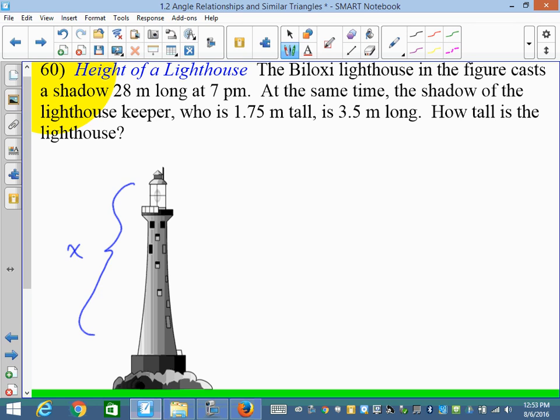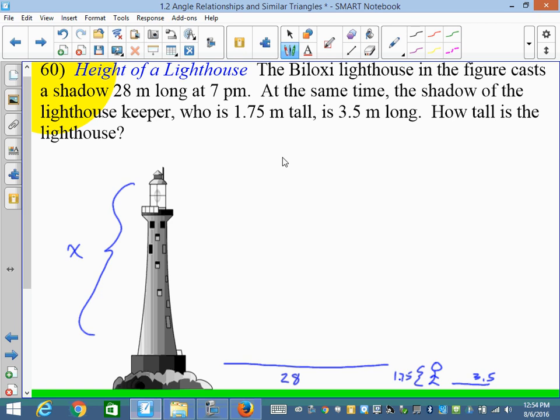Now, if we've got a shadow coming out this way of 28, too bad we don't have a lighthouse keeper out here. And we have a lighthouse keeper somewhere. Okay, here we go. He's 1.7 meters tall, and his shadow is 3.5. This is still a proportion thing. Obviously, they are not the same. We get to assume they have a similar shape, but nowhere near the same size.